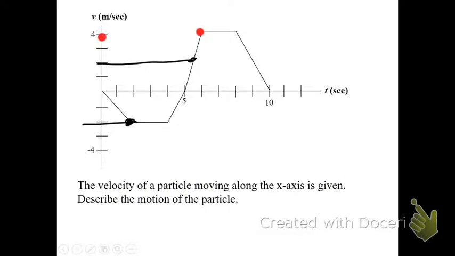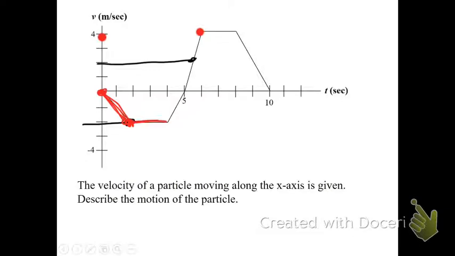That means it's a speed of 2. So let's try to describe what this particle is doing, or turtle, or whatever it is, okay? From here to here, the speed goes from 0 to 2. Speed, not velocity. Speed goes from 0 to 2. So during this point, the particle is speeding up.